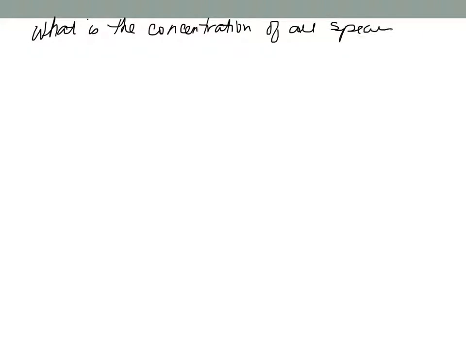So I'm going to give you a hypothetical problem. What is the concentration of all species at equilibrium?